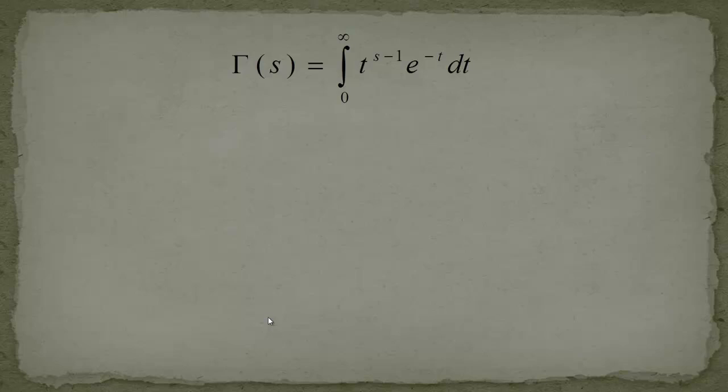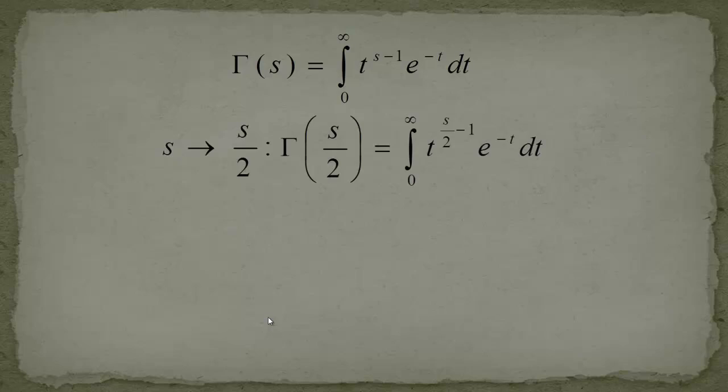So let's just replace s with s over 2, and remember that s is not the variable of integration, so we do not have to substitute dt by something else. We are just replacing the value s by s over 2, and we get t to the s over 2 minus 1. This e to the minus t doesn't change.